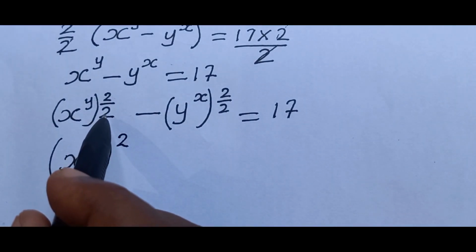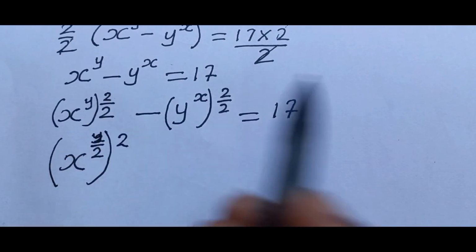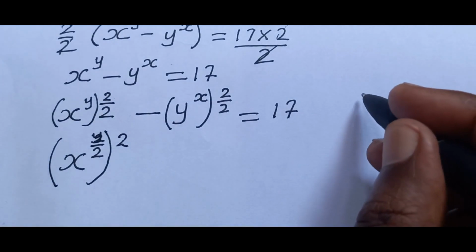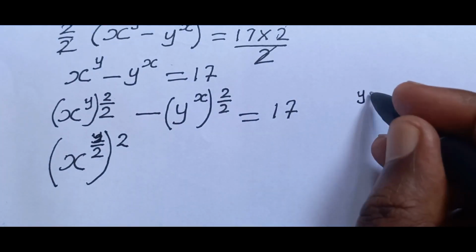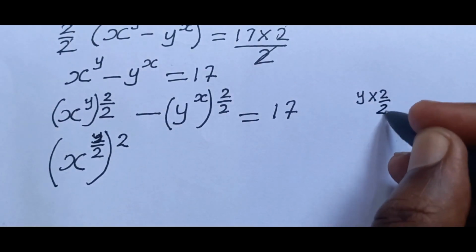This 2 goes inside while this one remains outside. So it is as if we have y times 2 over 2.